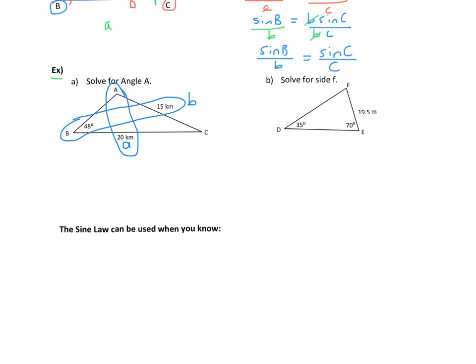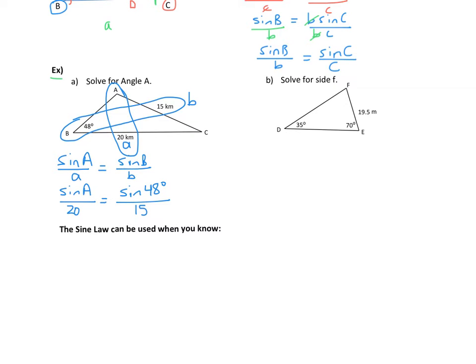I'm going to put the sine of angle A on top over its corresponding side, and that has to equal the sine of angle B over its corresponding side. Then we fill in what we know. We don't know angle A, but we know side A is 20. We know angle B is 48, and that's over 15 kilometers.